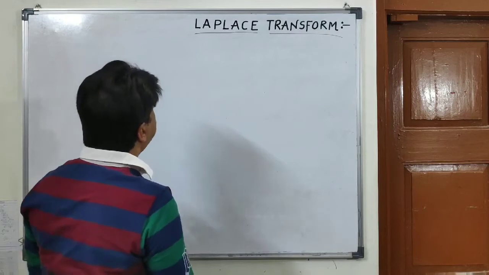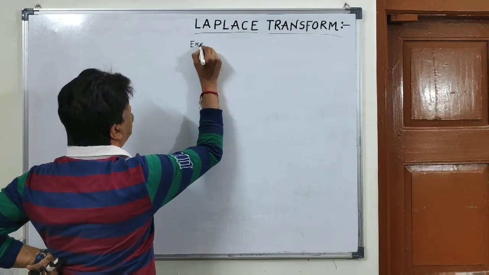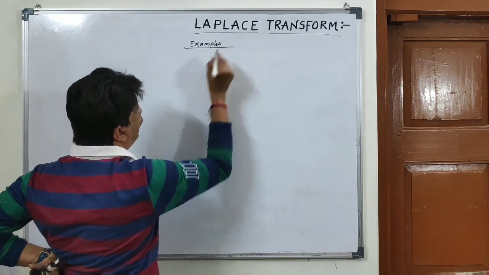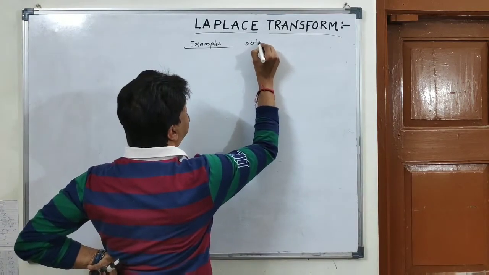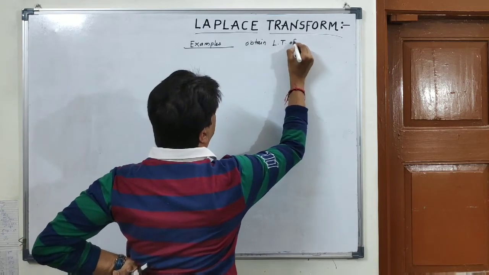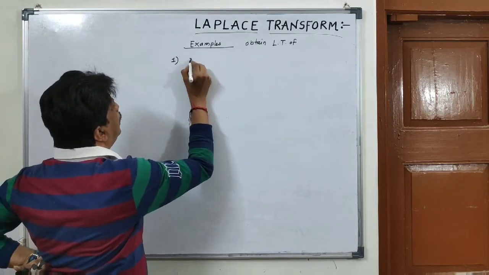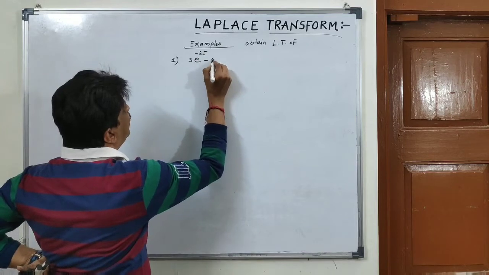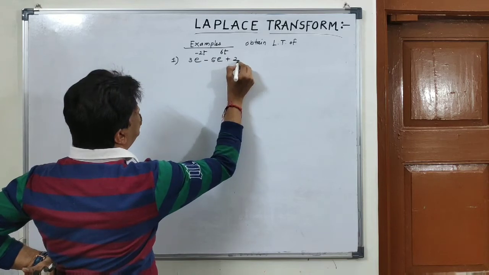So let us take some examples. Obtain the Laplace transform of number 1, 3 e raised to power minus 2t minus 5 e raised to power 6t plus 2.